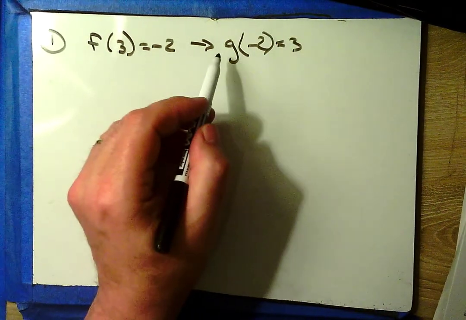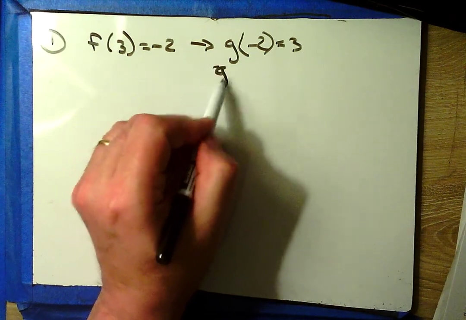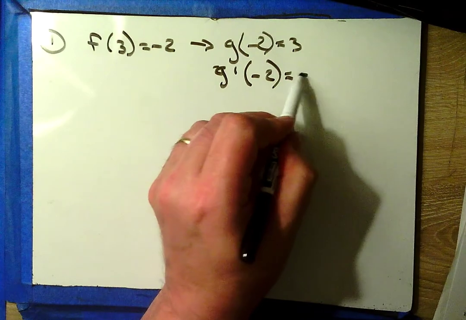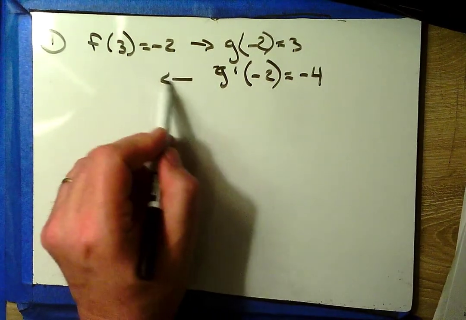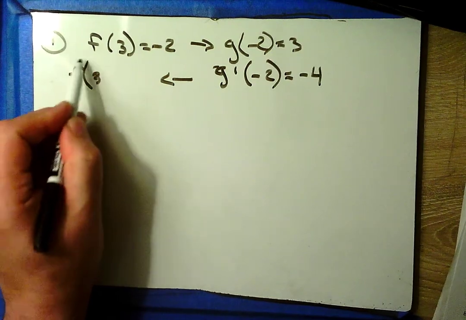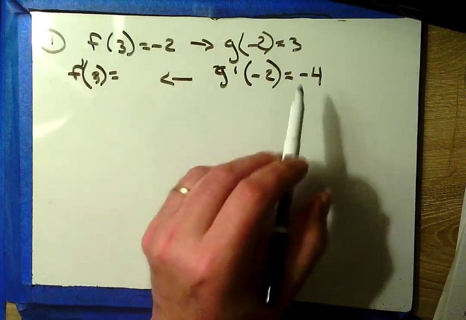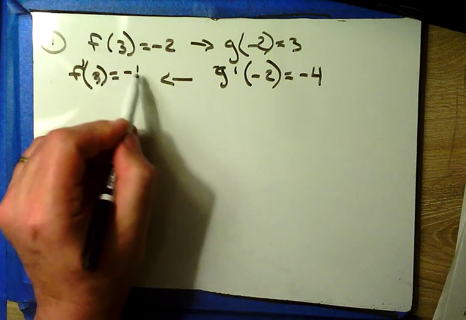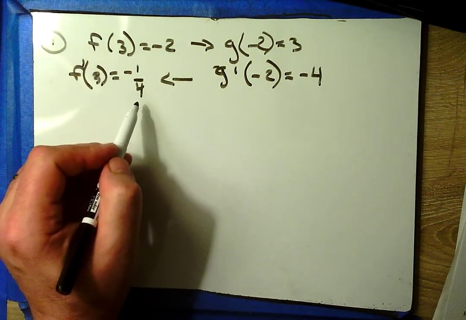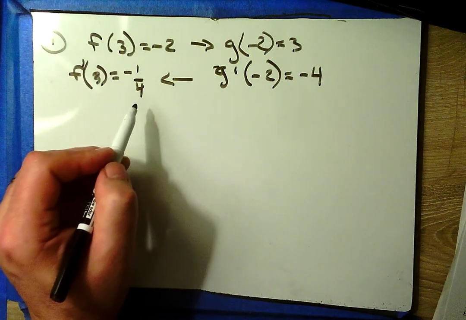And then they tell me that g prime of -2 equals -4. And so going this way, I know that f prime of 3 would equal the reciprocal of this, -1/4. So which of the following statements must be false?